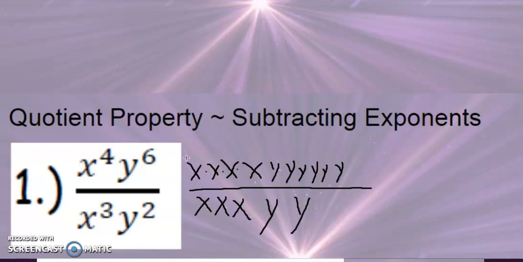So we're going to match these and cancel them out. x divided by x is 1, this is 1, this is 1, and then we'll do the same thing for the y's. And then we're going to count how many x's and y's we have at the end. So we have an x up here, and we have 1, 2, 3, 4 y's. So we have x, y to the fourth power.